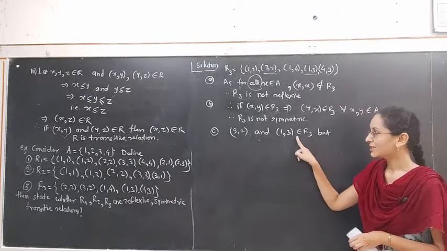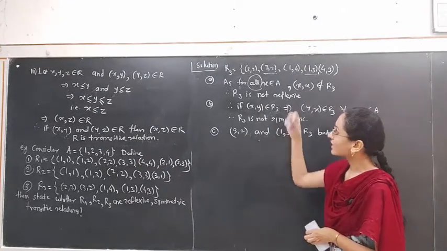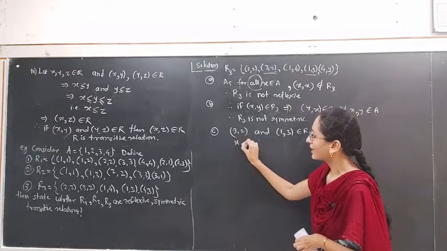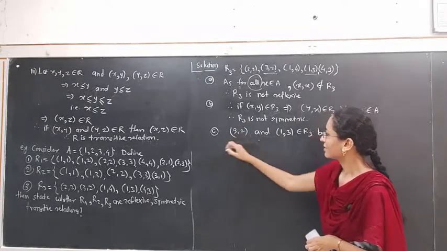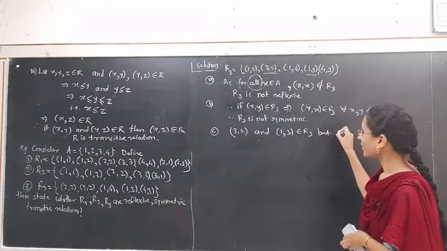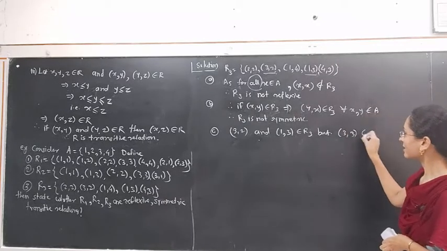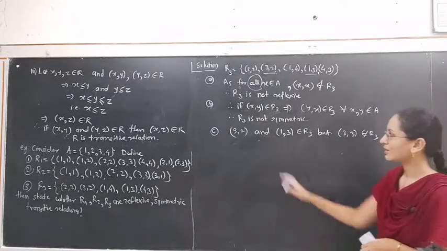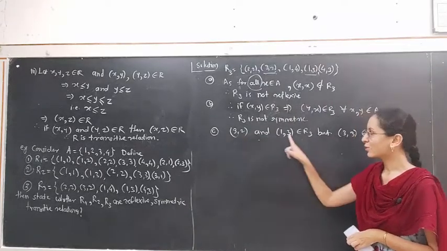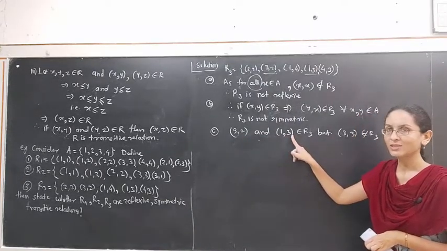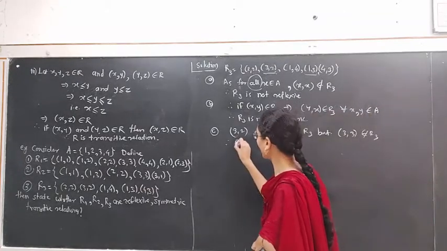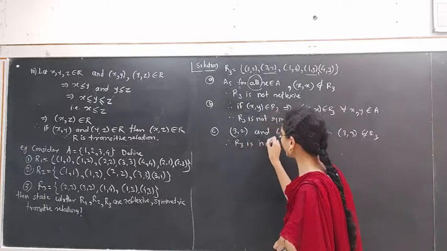A relation will be transitive if (x, y) and (y, z) imply (x, z), but the ordered pair (3, 3) does not belong to R3. These two ordered pairs belong to R3, but the first element of the first pair is not related to the second element of the second pair. Therefore, the relation R3 is not transitive.